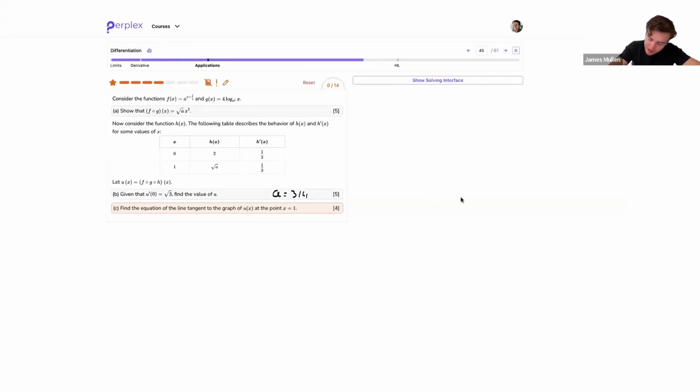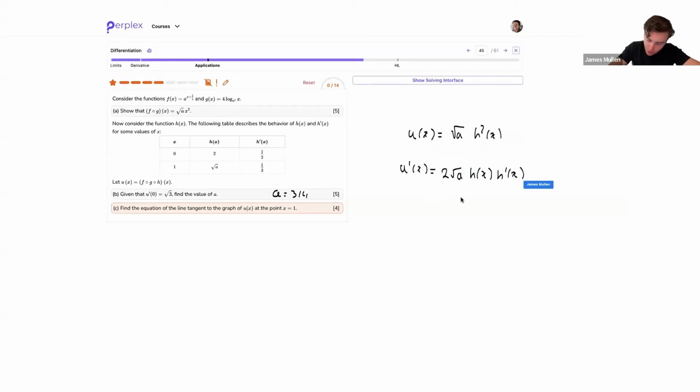Okay, so remember, u of x was equal to root of a times h squared of x, and its derivative was u prime of x is equal to 2 root a times h of x times h prime of x.